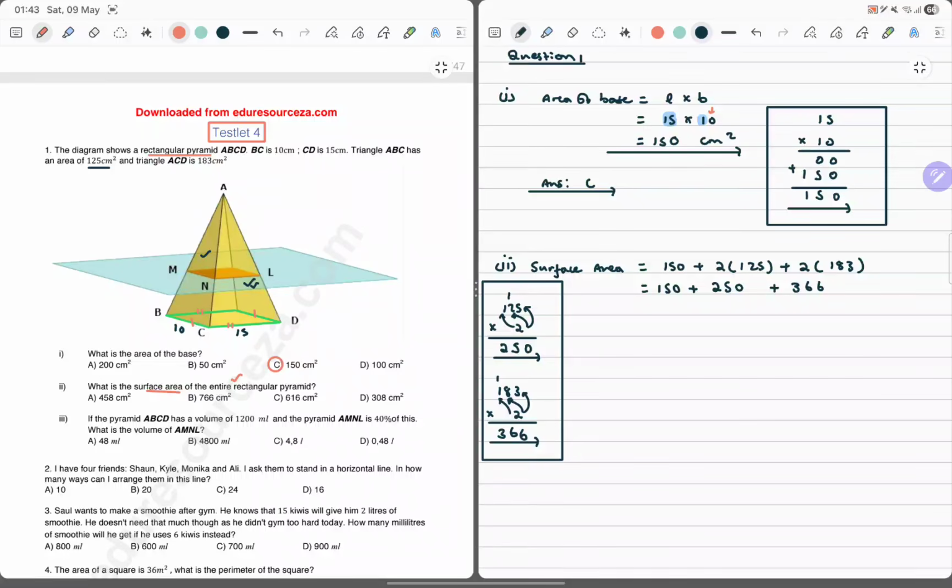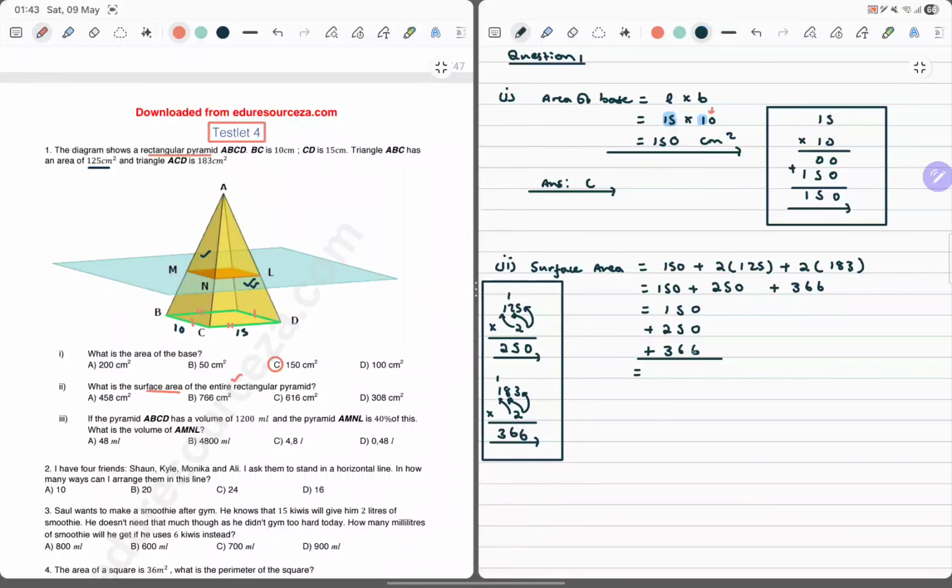Now, folks, this is easy again because now this provides us a chance to list our numbers like that, right? So we're going to add 250, then we add 366. Yes, you can add them straight up if you know how, but look, if there's a simpler way, just go for it. So what would be the answer here?